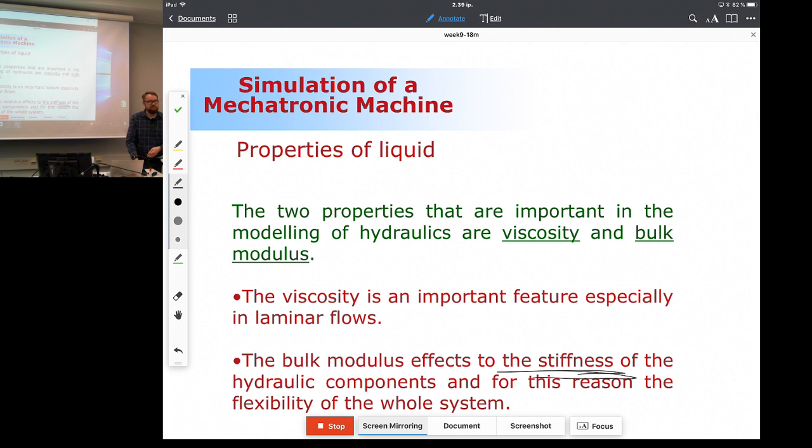the bulk modulus is something that accounts for the flexibility of the fluid. Now every now and then you hear that the flexibility of fluid is non-existing, so it's rigid. Well, sometimes computationally it may be considered rigid, but of course it is flexible.